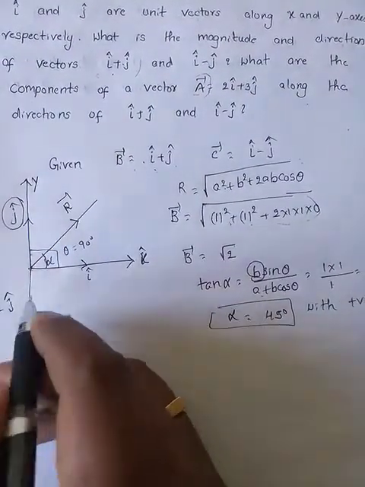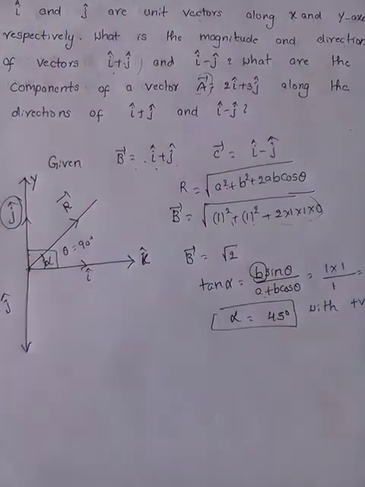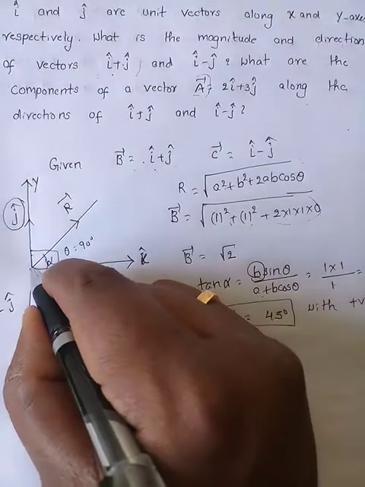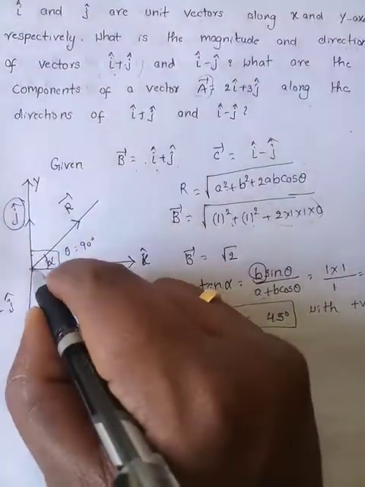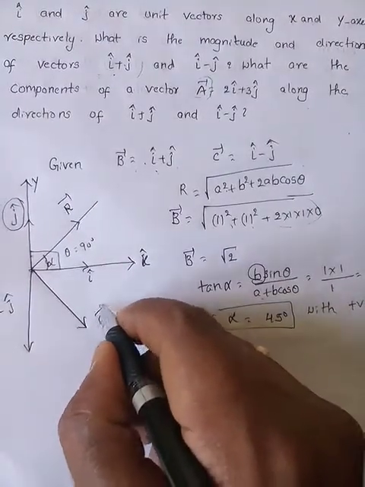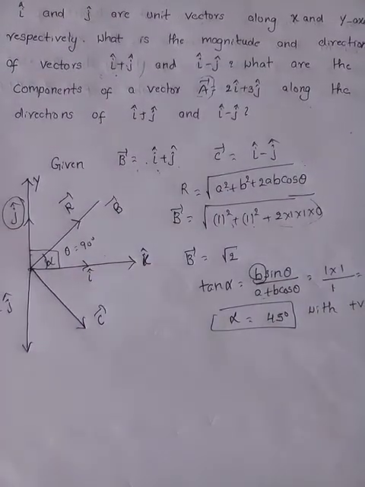Now this is i cap and this is j cap. These two vectors represent two sides of a parallelogram. Then this is the resultant vector. Let us assume that the resultant vector is here b bar and this is c bar.